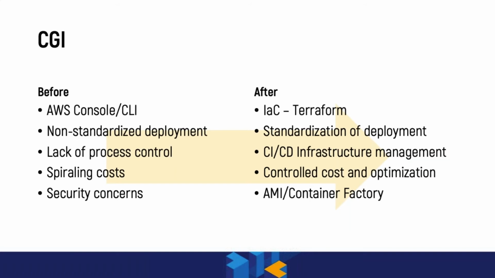We also looked at delivering process control. Because we now have standardization of our deployments, we can now put CI/CD around that to manage the deployments. So our infrastructure lifecycle is managed by the tools that we want to use.